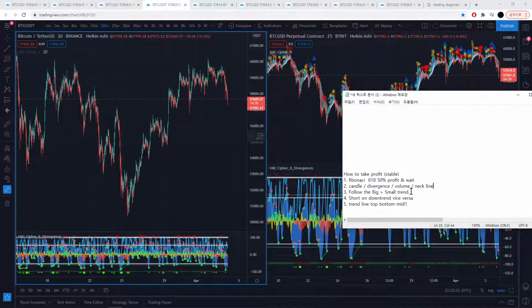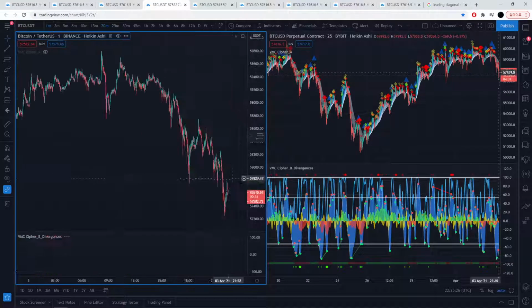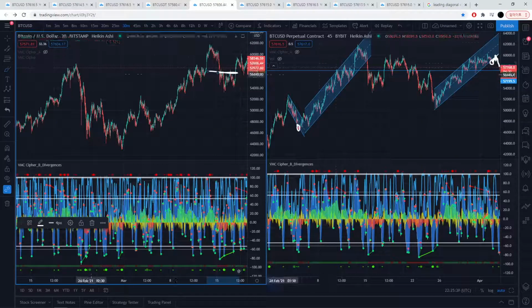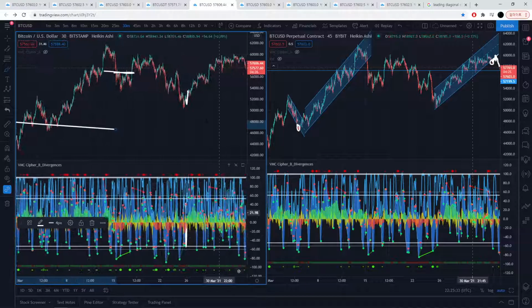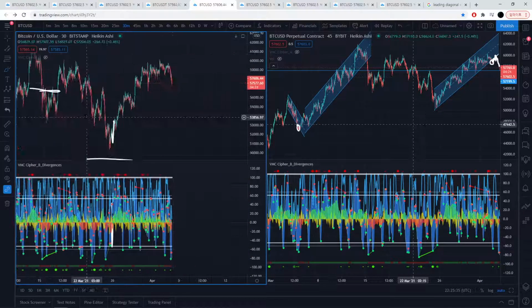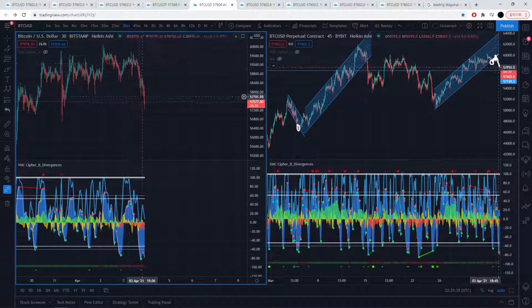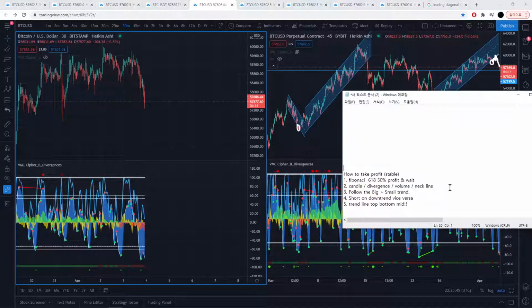Follow the big to small trend. Okay, so for example, in 1 minute right now it's going up, right? But if you go to 30 minutes, is it going up? No. Right now, where are we? Yes, right now it is coming down. So you always have to follow the higher time frame trend. Most important.